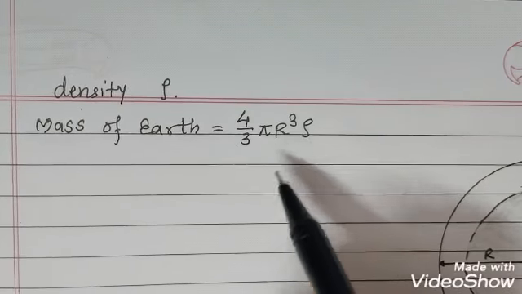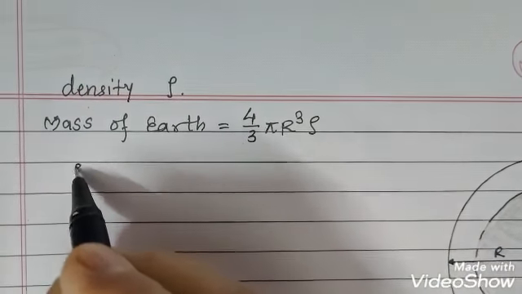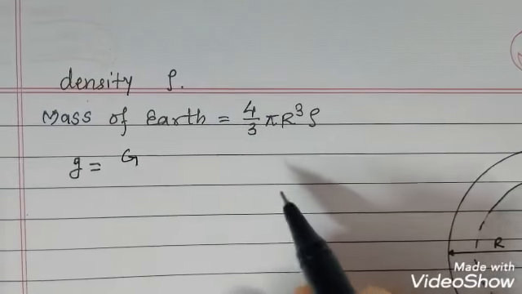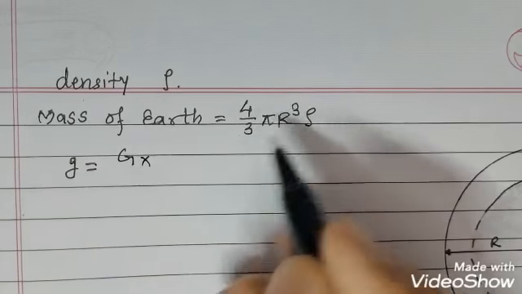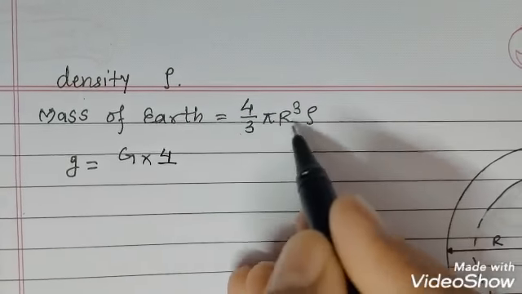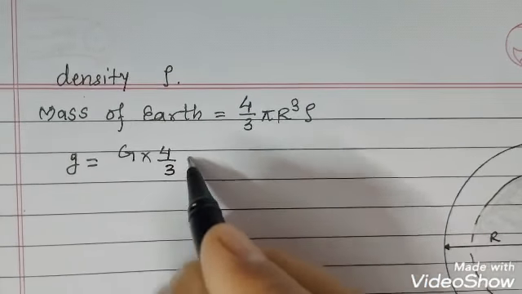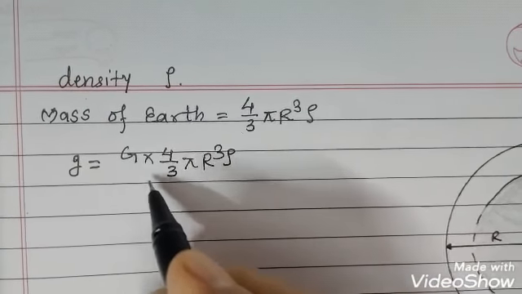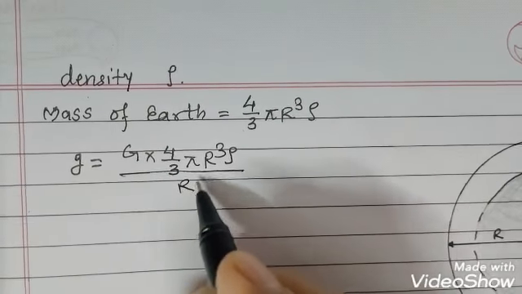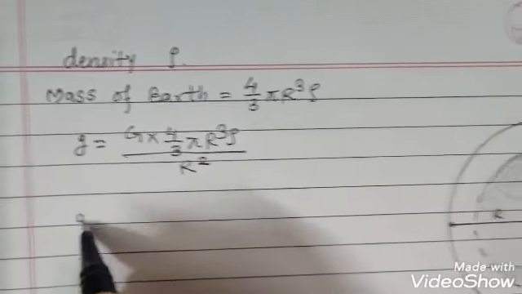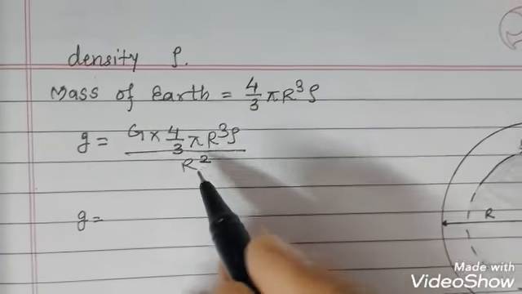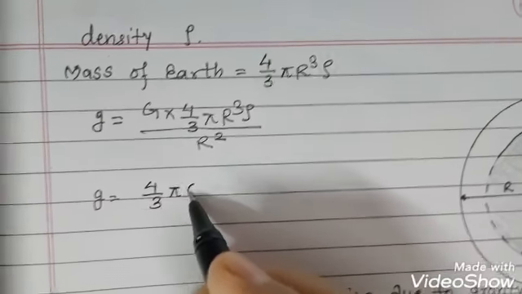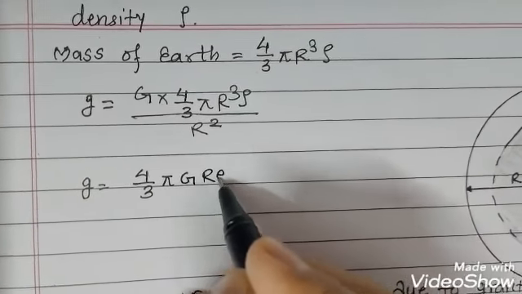So in this formula, if we put the value, g is equal to capital G, the universal gravitation constant, multiplied by the mass, which is given by 4 upon 3 pi r cube rho, upon r square. Then the r square will be cancelled, and it will come 4 upon 3 pi G r rho.